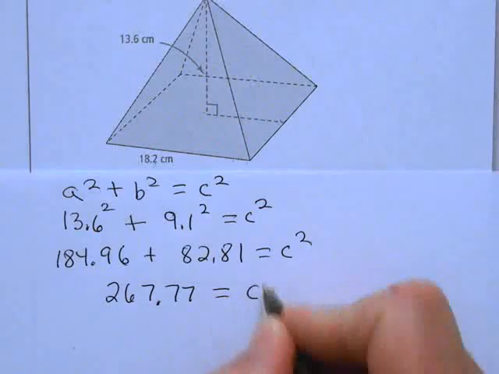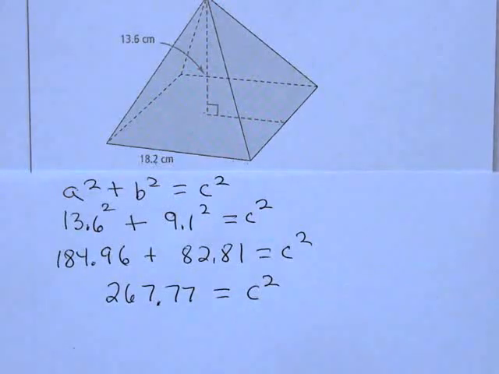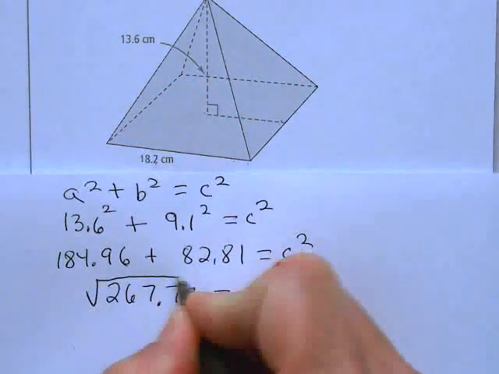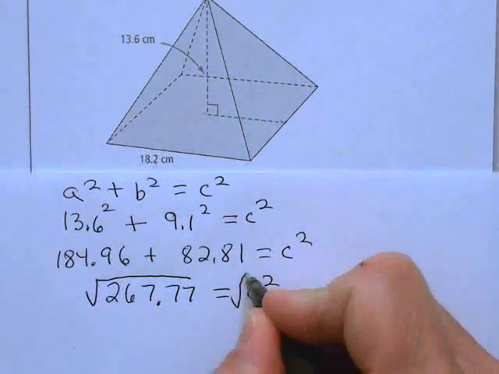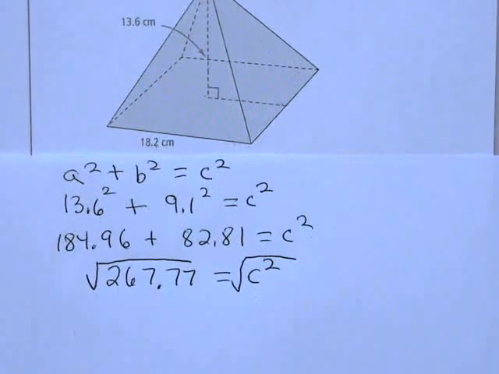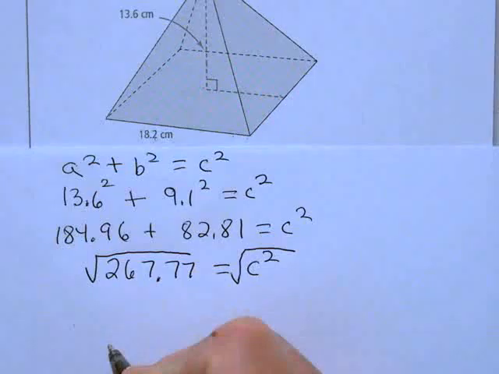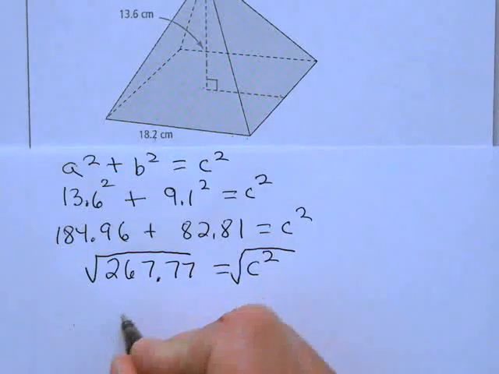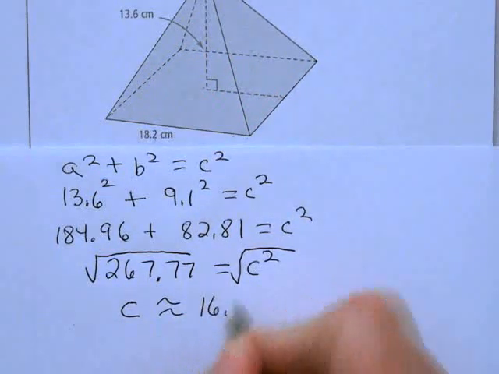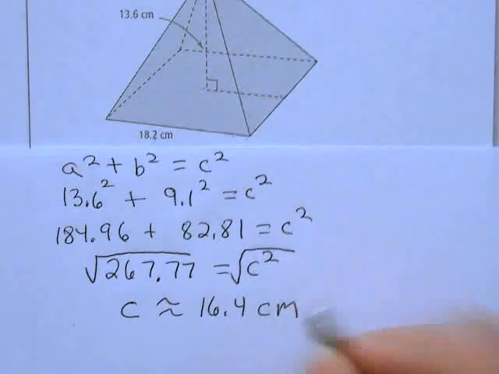That equals c squared. And I'm going to take the square root of these numbers so that I can find out what c is and fit it all in one page here. And I'm just going to slide up just a tad more. And I would find out that rounded to the nearest tenth, c, the slant height, is approximately 16.4 centimeters.